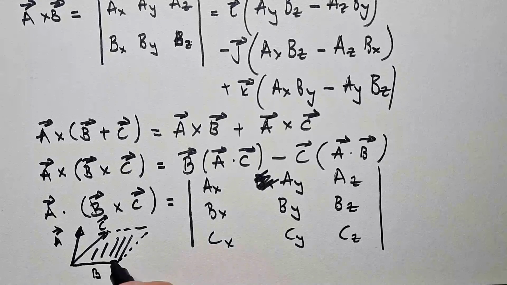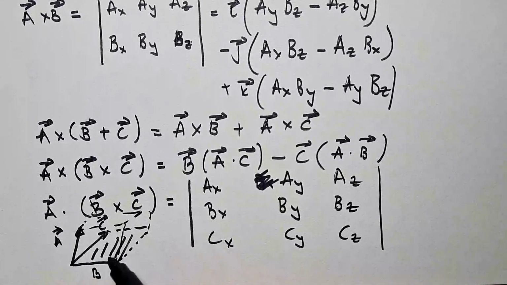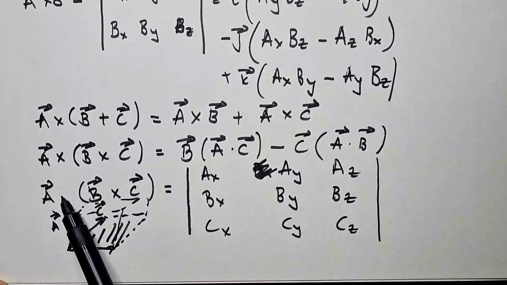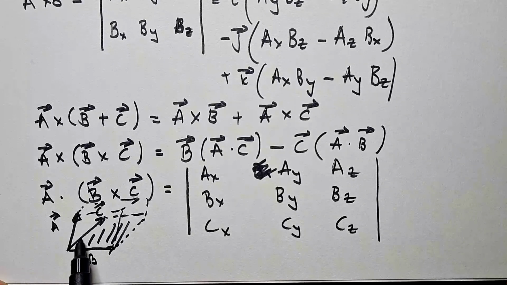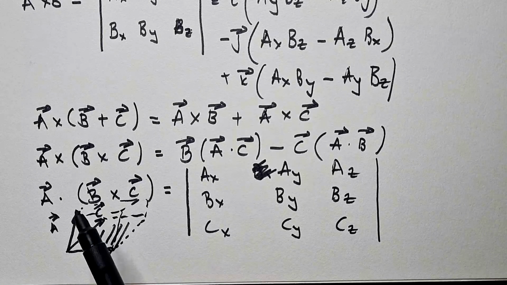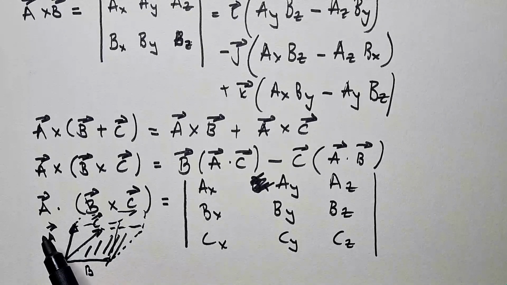I will get the volume of this kind of cube out of it. Sorry for this mess over here, but what I'm trying to demonstrate without using a new slice of paper and contributing to climate change, I'm trying to demonstrate that A dot B cross C would be the volume of the parallelepiped defined by A, B, and C.